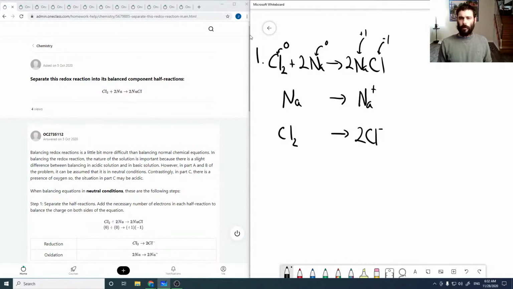Okay, so once we've split them up like that, we balance them by adding electrons to the appropriate side.